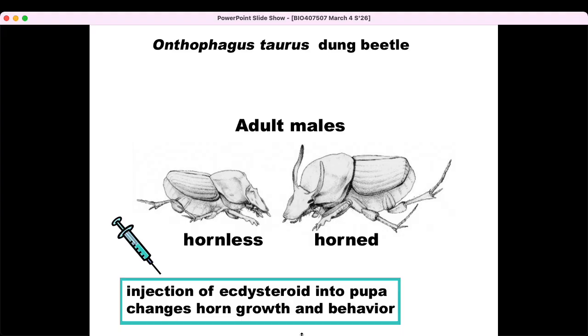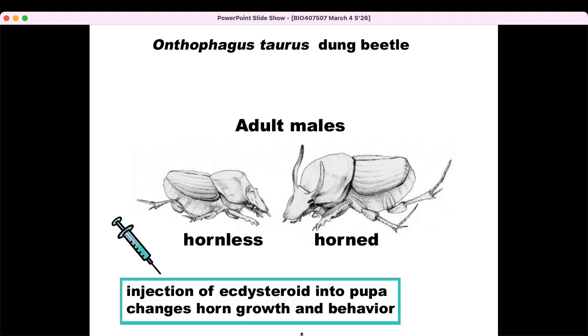We saw that in the adult males, and this is a really good thing to be aware of: once we know a pathway of molecular and cellular signaling, like a hormone, we can manipulate it in an experiment. These people gave injections to those males as they were developing, and they could change the phenotype of the males. I mentioned before that phenotypic plasticity leads either to a polyphenism, one or the other, discrete differences between populations, or a reaction norm, a continuum of change.